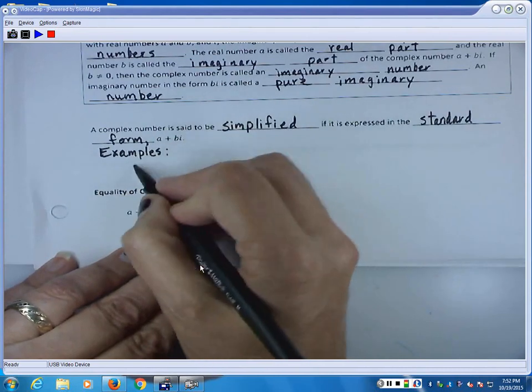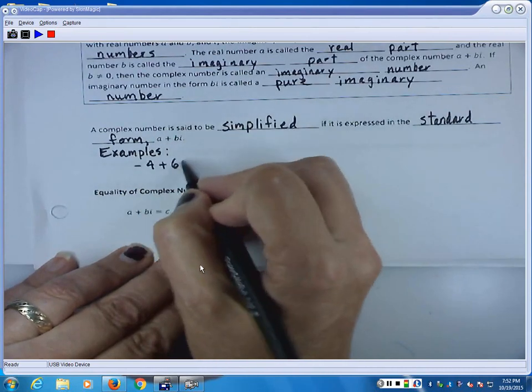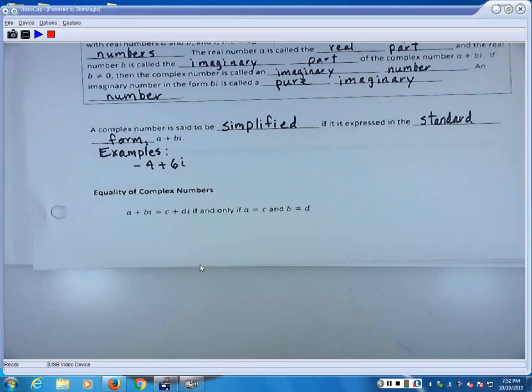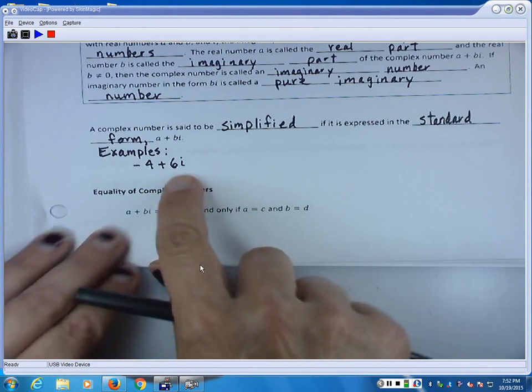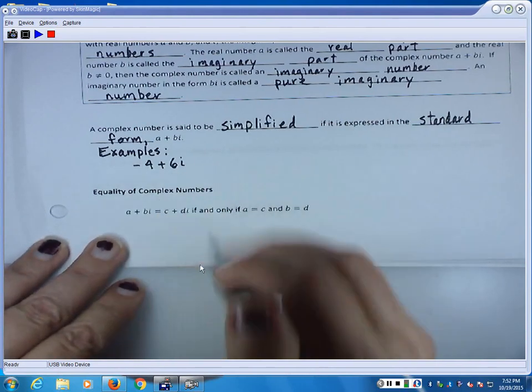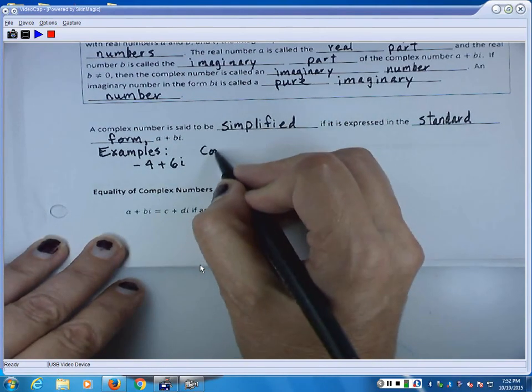If you have -4 plus 6i, that's a complex number, and because b is not equal to 0, it's also an imaginary number.